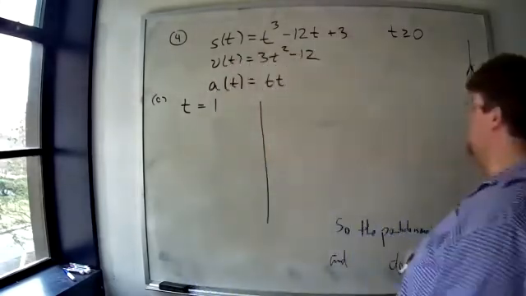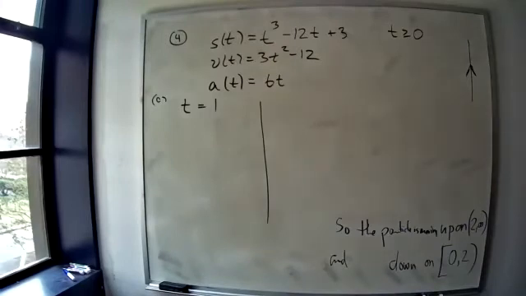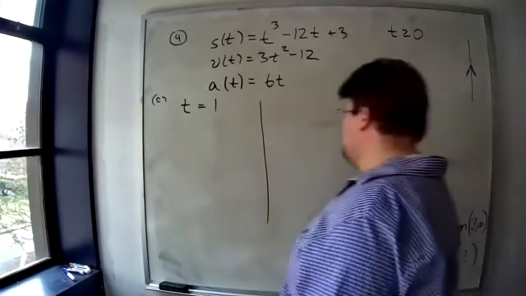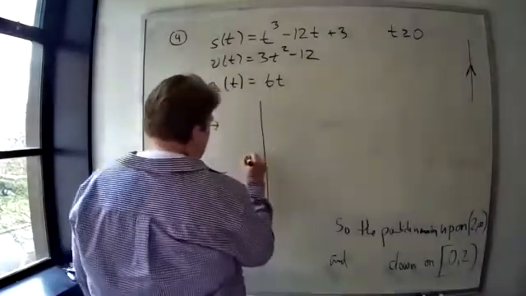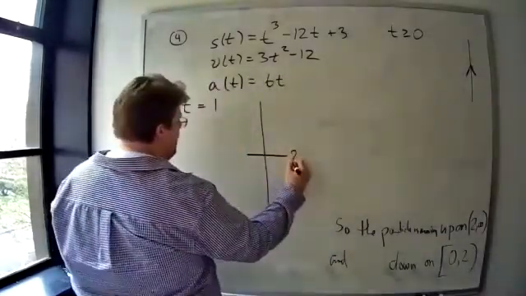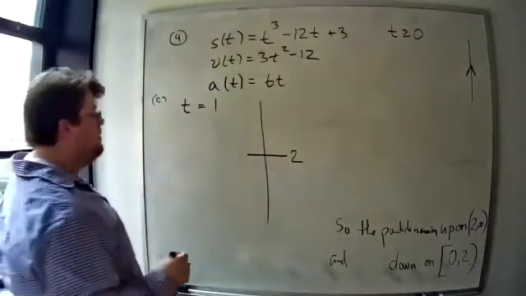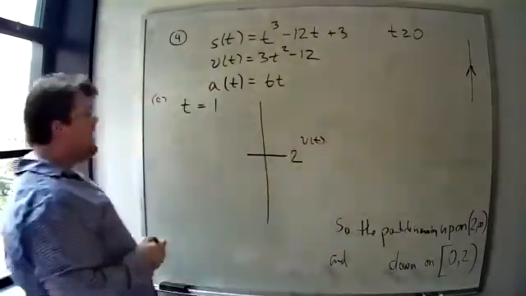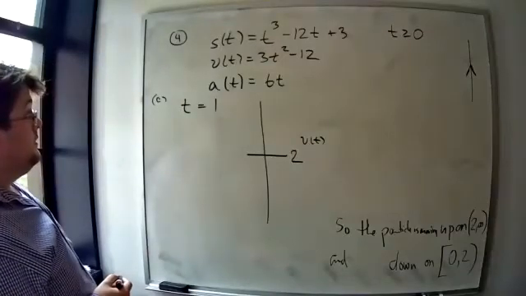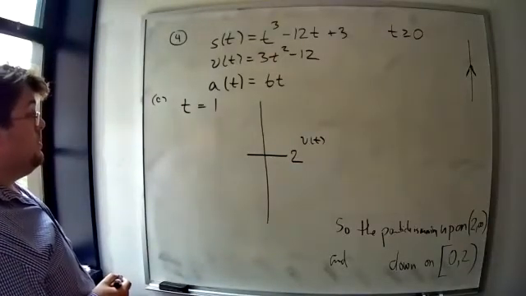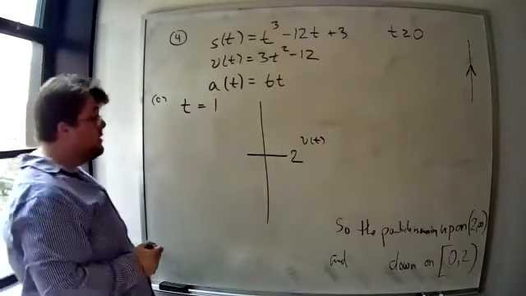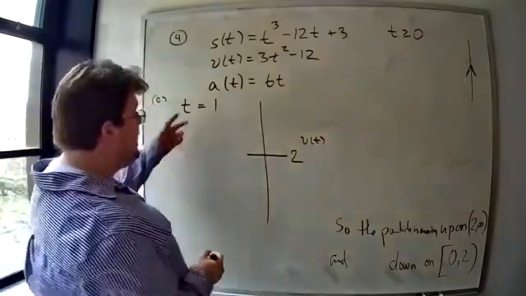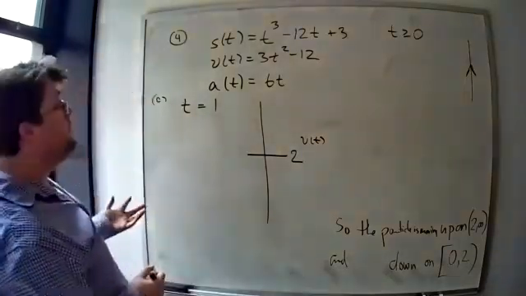I'm going to draw a line. This is going to represent our velocity. At 2, here we're looking at velocity. At time 2, velocity was 0. What happened at time 1, which we're considering first?